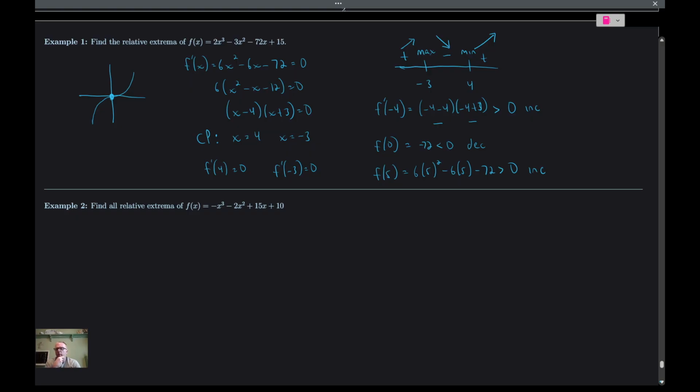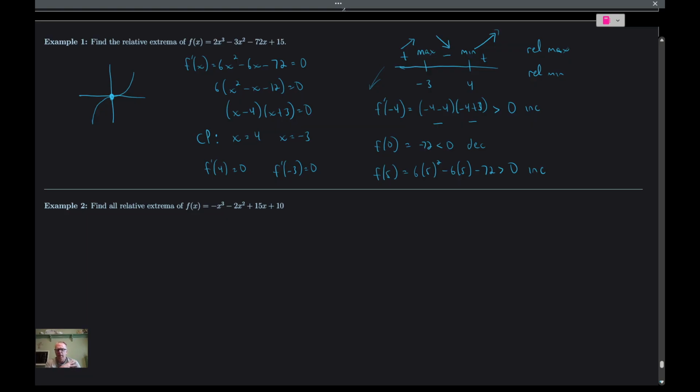All right. So let's find out what the maximum and minimum values are for the relative max and relative min. Obviously, this goes down to negative infinity that way, and goes up to infinity this way. So there is no absolute max or min, but we can get the relative max and the relative min. How we do that is we plug 4 and -3 into the original function.